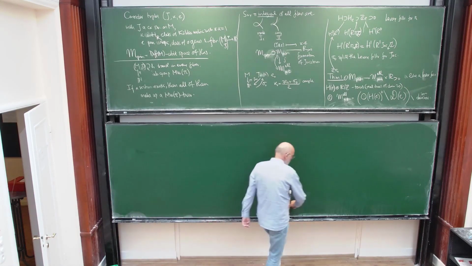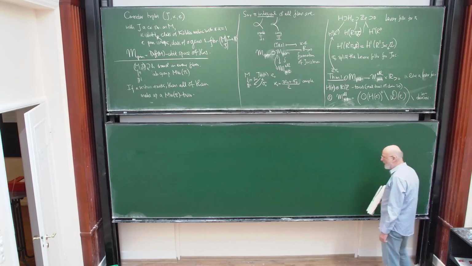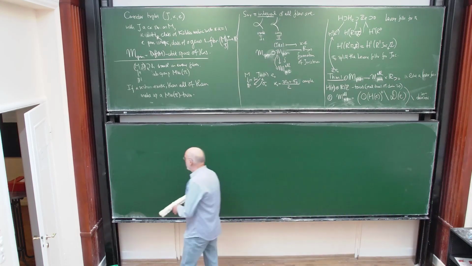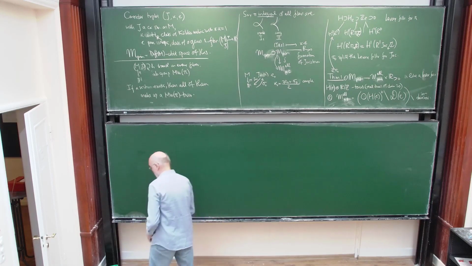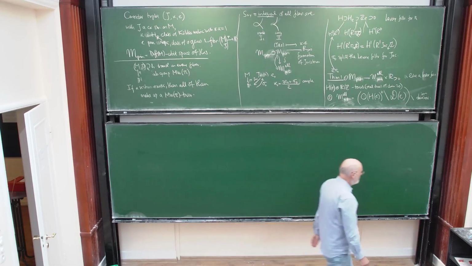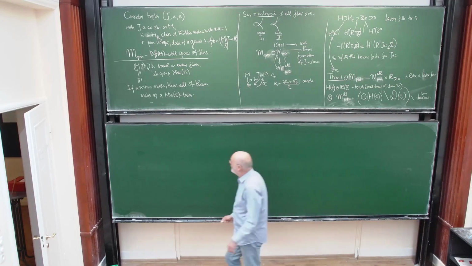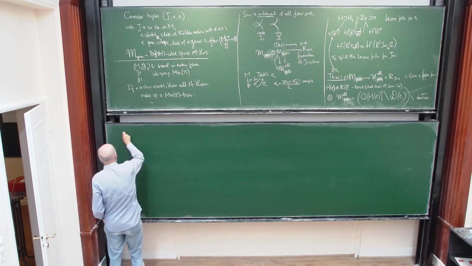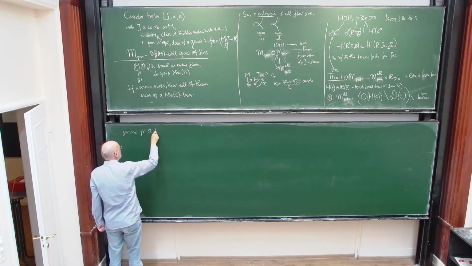And the Jacobian construction is compatible with integrality. Yeah, so the divisor, the generic point on the divisor.